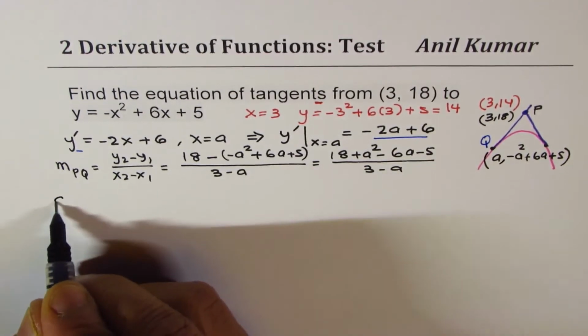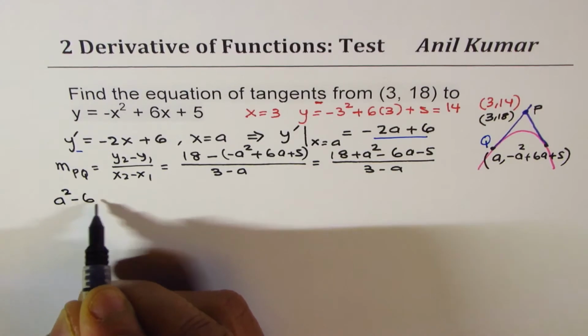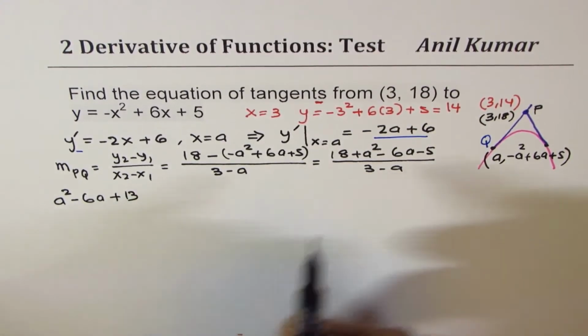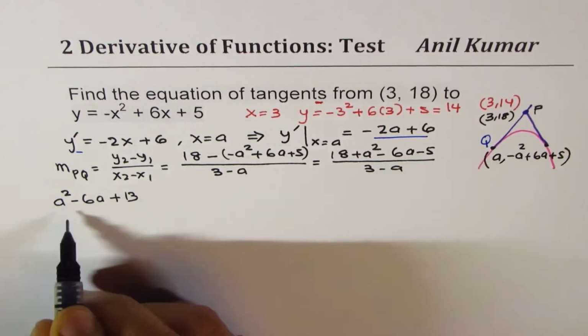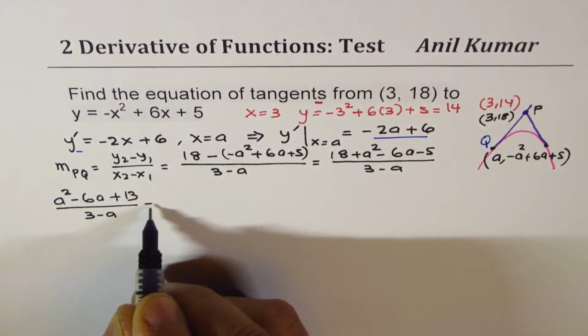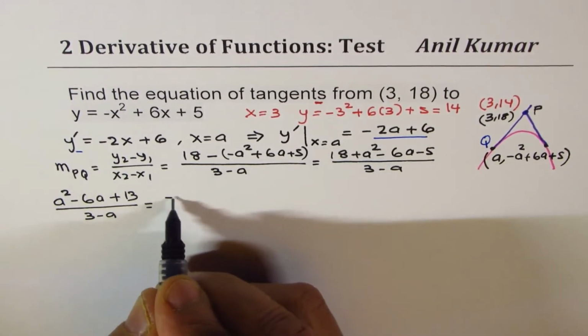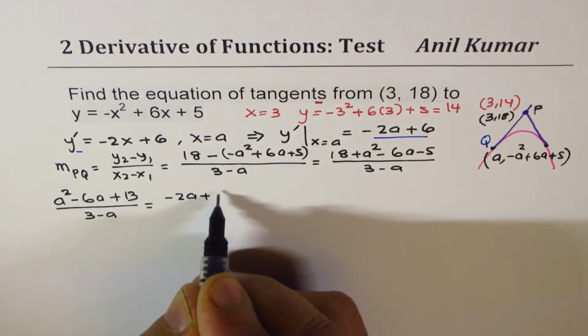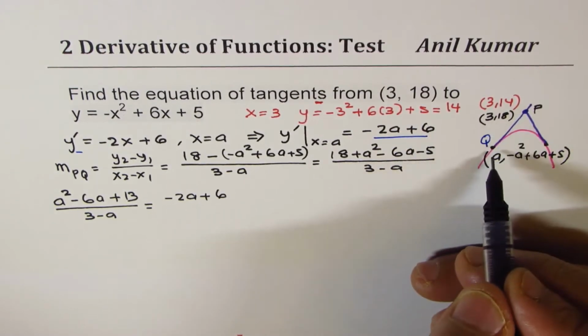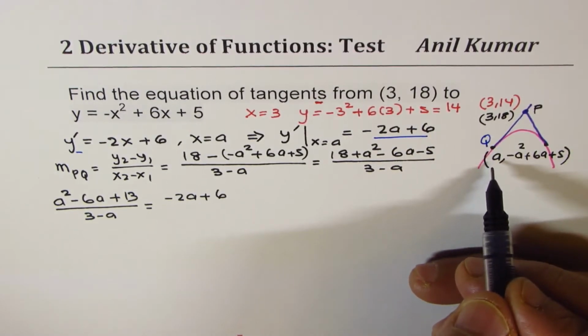So I'll write this as a square minus 6a plus 13, which is 18 minus 5, divided by 3 minus a, should be equal to minus 2a plus 6, the slope of the tangent on the curve where x is a.